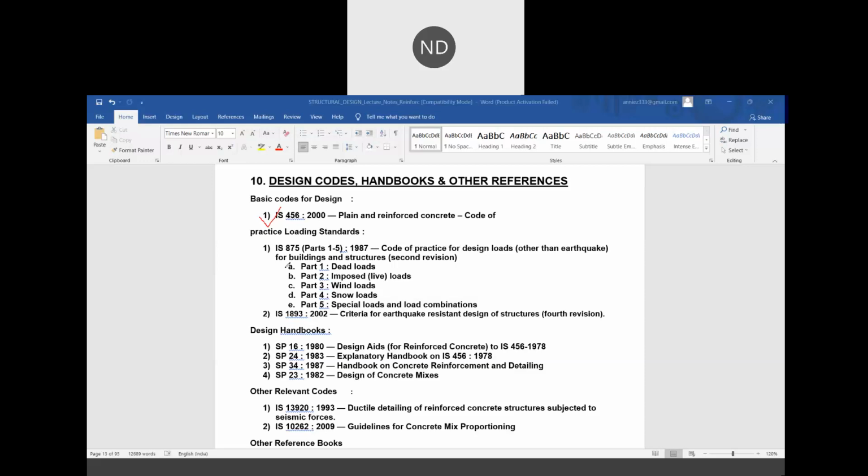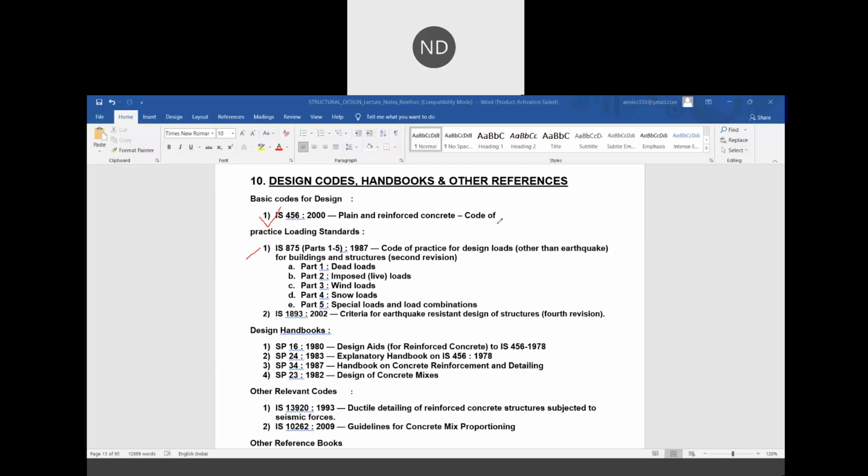Now the next code of practice is which one? IS 875 part 1 to 5, 1987, code of practice for design loads like earthquake loads for buildings and structures, second revision.